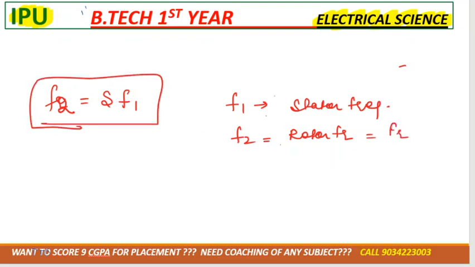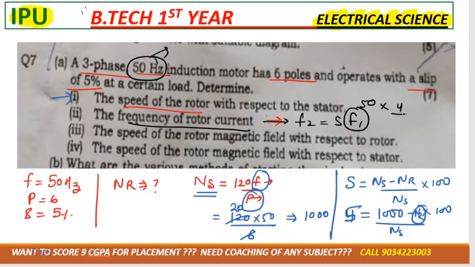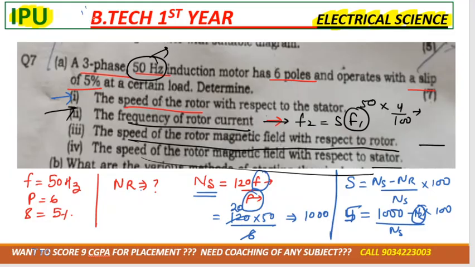There is a relation formula, so f2 is equal to s into the normal frequency of the machine, they have given 50, and the percentage slip also they have given, divided by 100. Now they said the speed of the rotor magnetic field with respect to the rotor, with respect to means relative to, like speed of rotor nr with respect to the rotor.